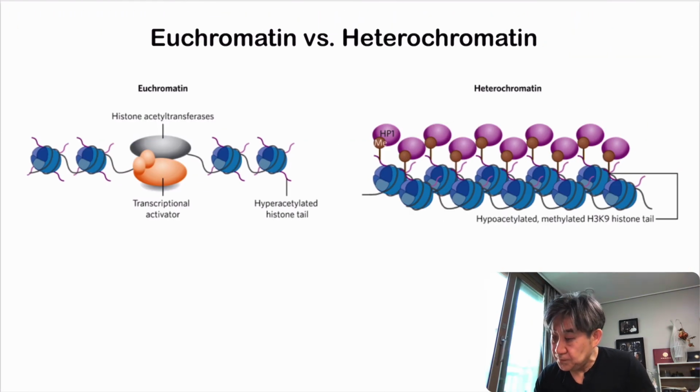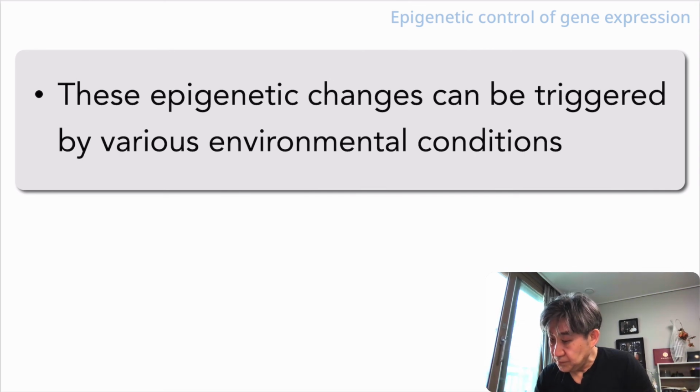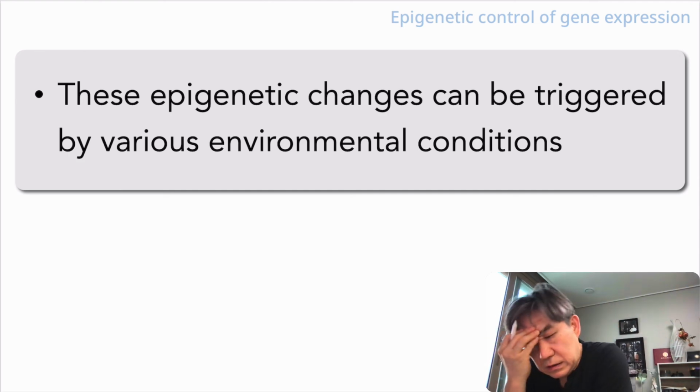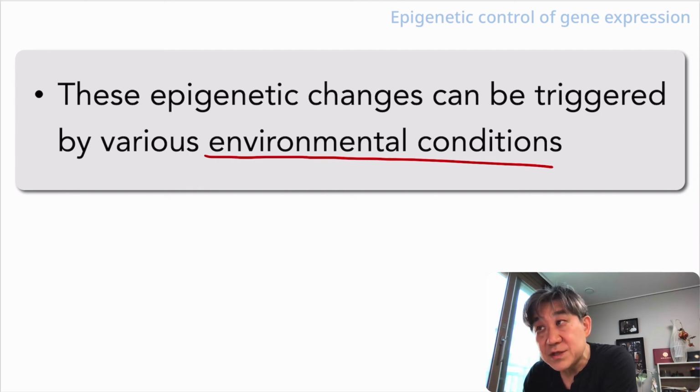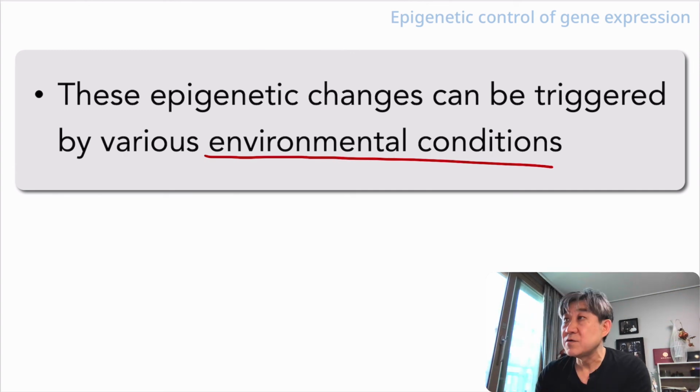And what kind of factors can affect, at a given time, whether a particular area of the chromosome becomes heterochromatin or vice versa? In many cases, it turned out that specific environmental conditions can influence this switch between heterochromatin and euchromatin on any particular area of the chromosome.